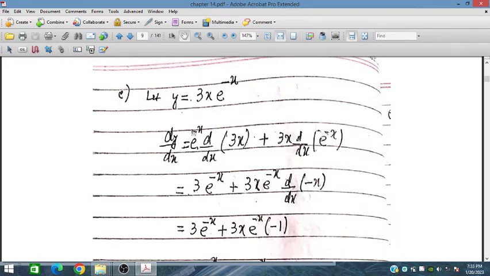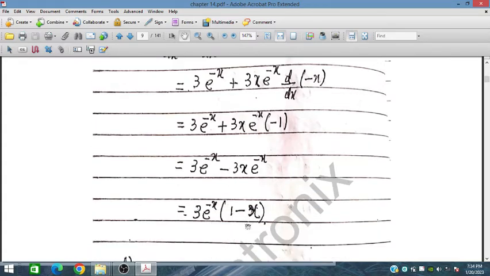This can be written first or second, but there is no problem because the sign is positive here. We simplify this and get the result. So the resultant is simple.